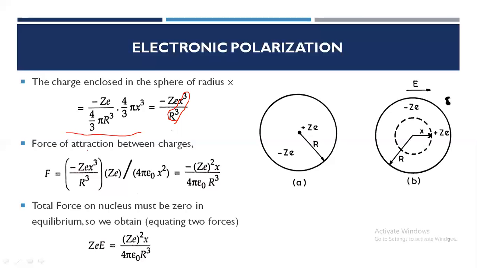The Coulomb attraction between this charge, treated as concentrated at a point, and the nucleus will be F equals minus Ze into x³ upon R³, which is the charge enclosed in the sphere at radius x, into Ze.